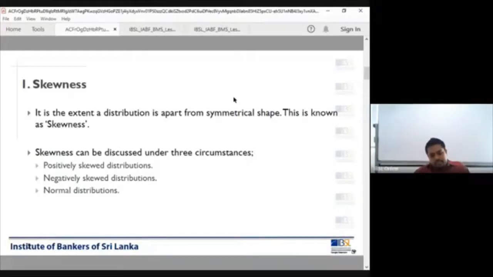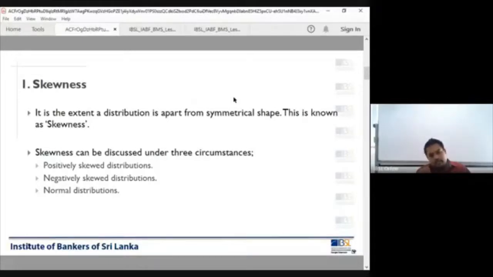If I just try to recap, that was to identify for a given data set whether we could define one or two indicators to represent the data set, or come to conclusions on one or two important numbers which will be the representative for that data set, the middle point of that data set, and how much on average a given data varies from that middle point, from that average point. That was the whole idea of last week's lecture on central tendency.